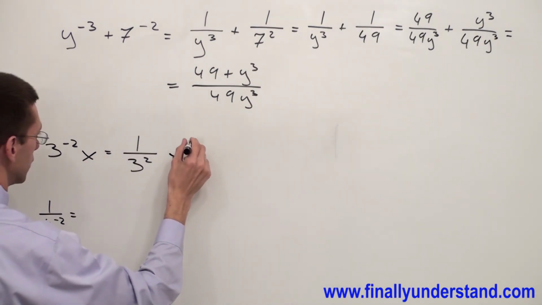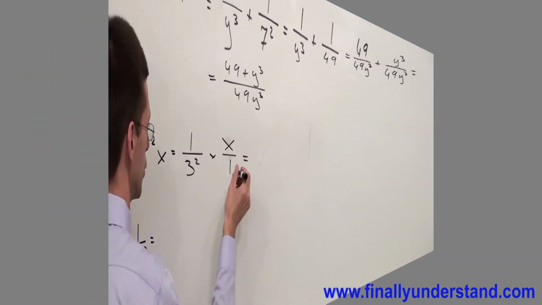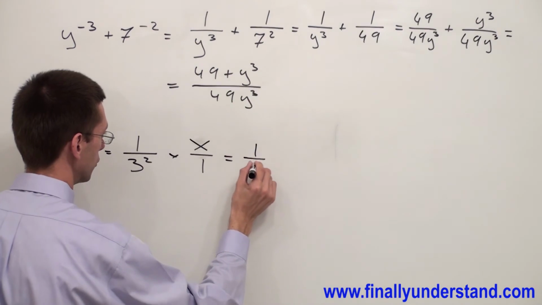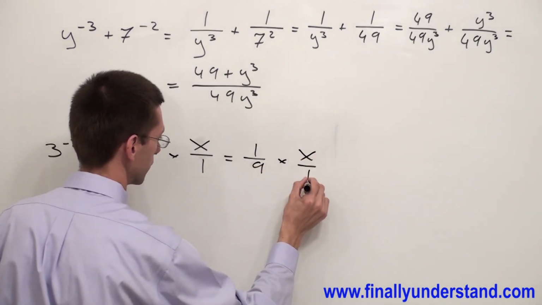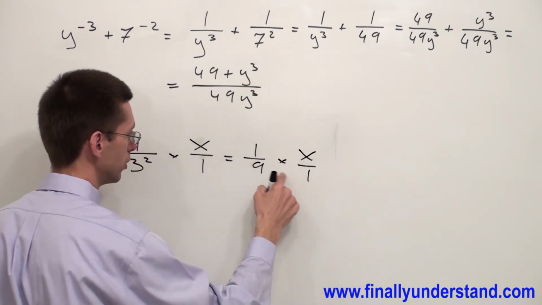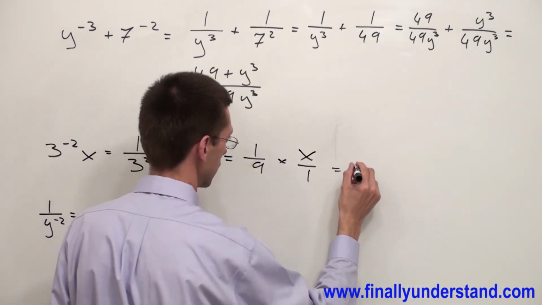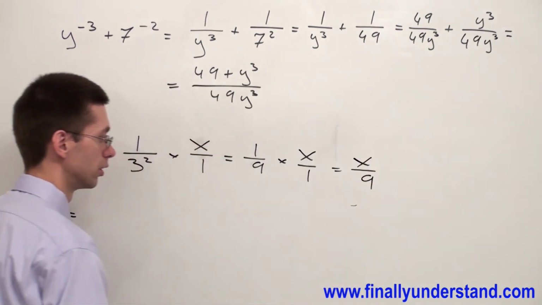I have x over 1. This is going to be equal to 1 over 9 times x over 1. Anytime we multiply fractions, we have to multiply numerator by numerator and denominator by denominator, which is equal to x over 9. This is the solution to my problem.